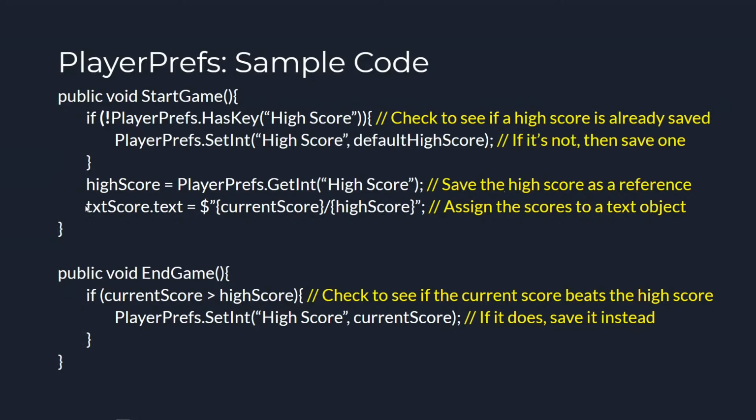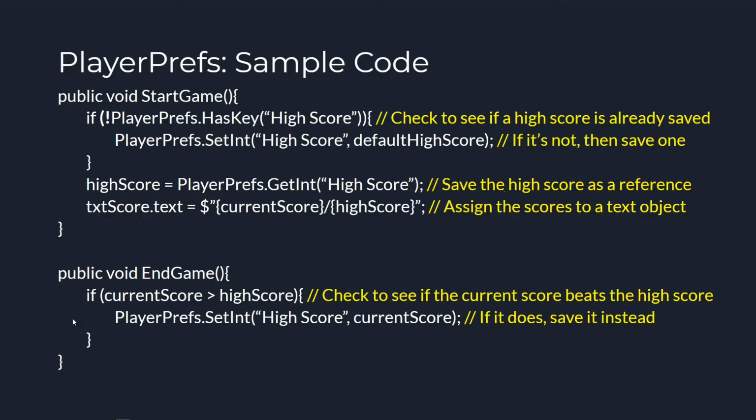And then during loading, we might want to say, let's put it on the screen. So this is a shortcut to putting it into the text of a game object. We're going to say here's current score over high score, and this is just some little print formatting. So we can show here's the current score, here's the high score in there.